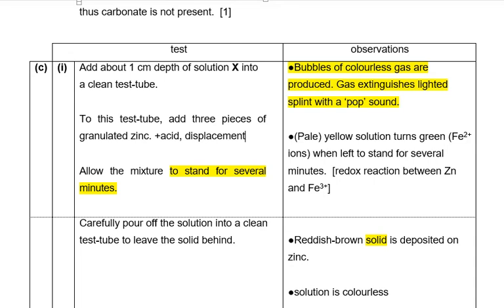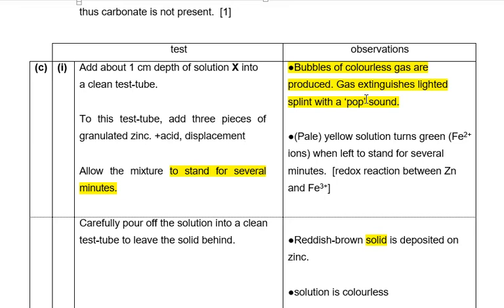All right, so over here, what will be the observation? Once you add this in, you'll be able to see bubbles of colorless gas being produced. If you test for this gas, like what I mentioned, you have a metal, so you should not be testing for carbon dioxide gas. In this case, you should be testing for hydrogen gas first, because you have added a metal to something.